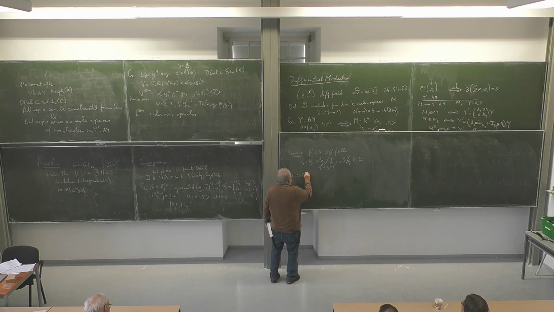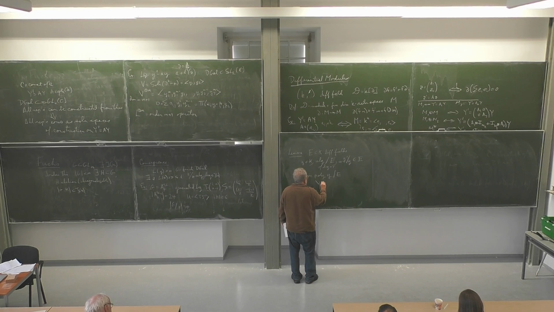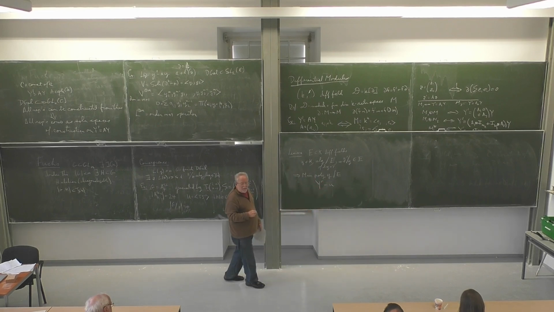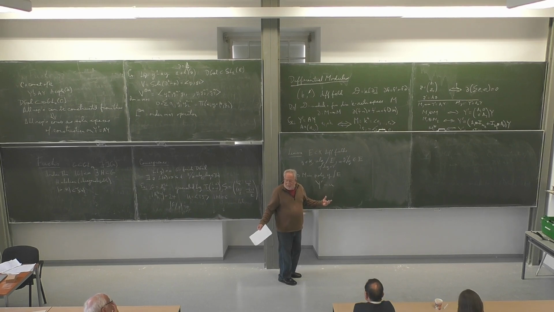Then the minimum polynomial of y over E is precisely y to the r minus u. So in general, just knowing, with roots of unity, y to the n is 1, but the minimum polynomial may be much smaller.